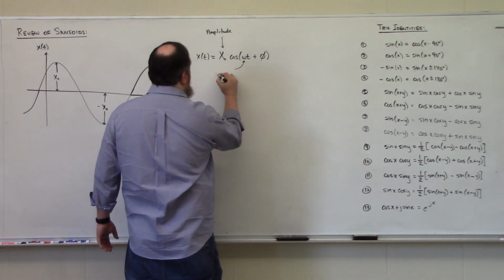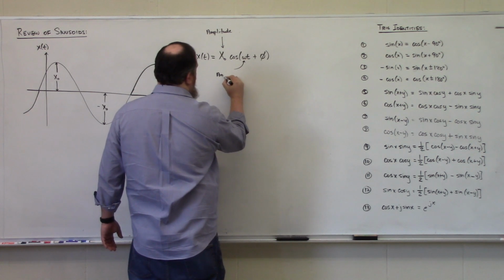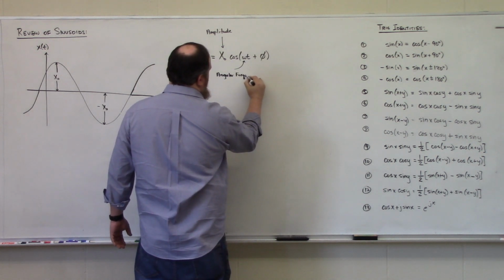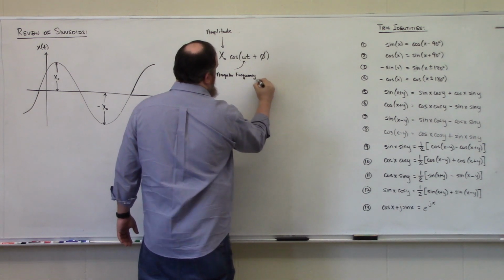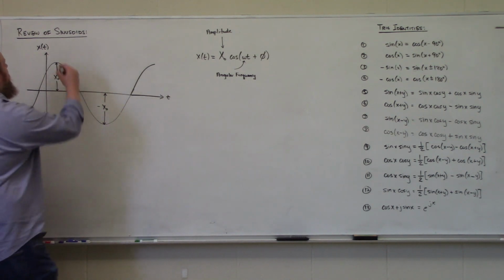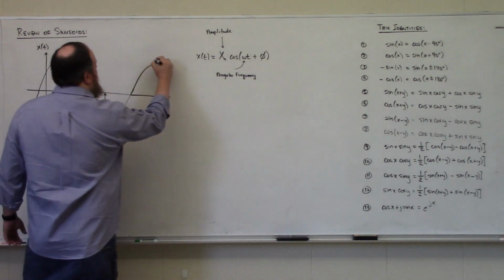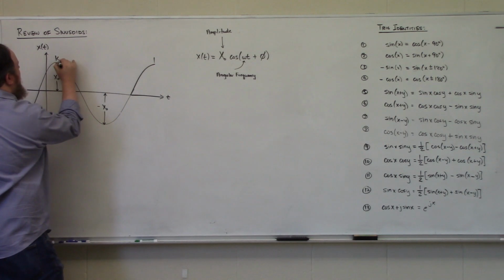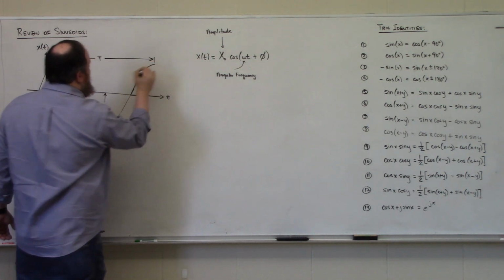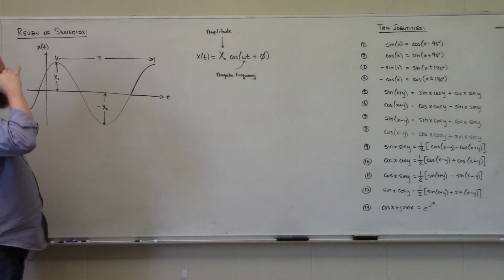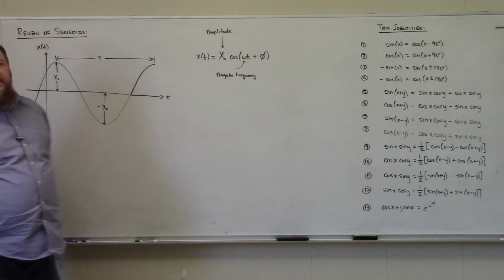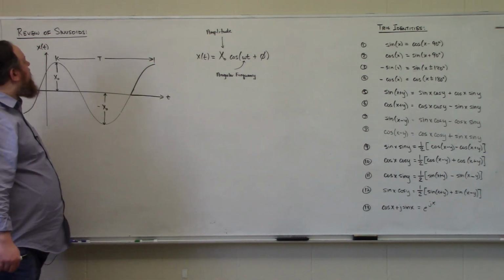Our next term that we're going to look at is omega, where omega is what's called the angular frequency. So a sine wave is a periodic function, meaning that for every cycle, there is a fixed time interval t that occurs between the top peak and the positive peak of the next corresponding cycle.